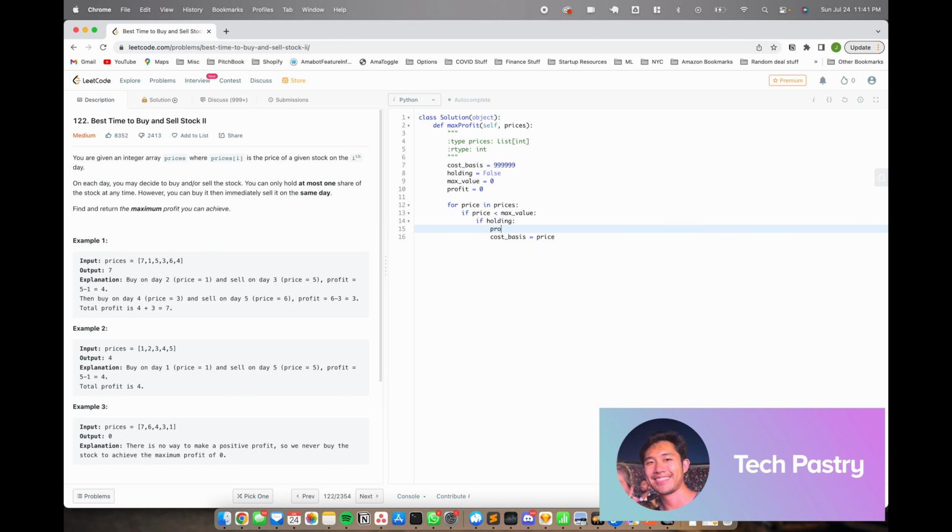We want to add the max of 0 and our max value minus our last cost basis to take the profit. And we want to set our new max value equal to the price. If we're not holding, then we want to reset our cost basis to the price. And then we also want to set our max value to the price, since it's now decreasing.